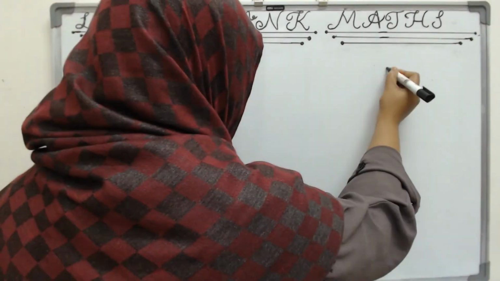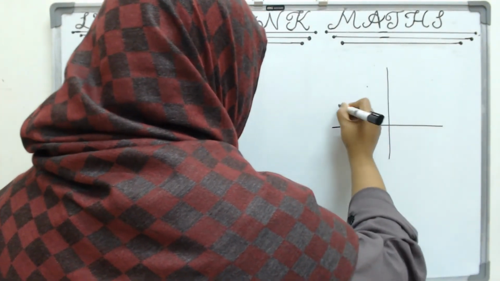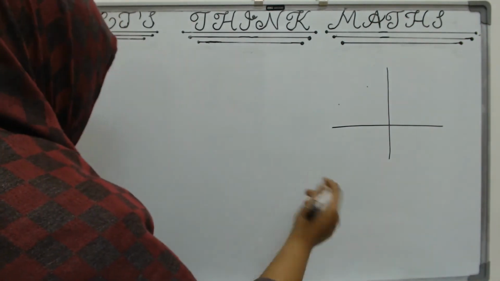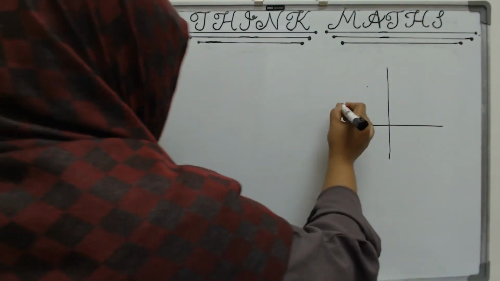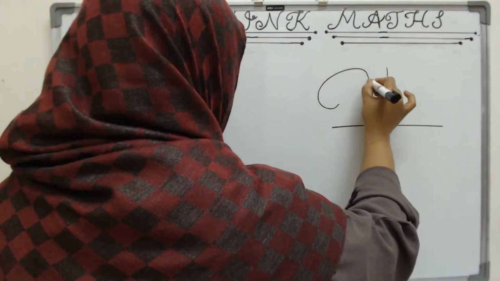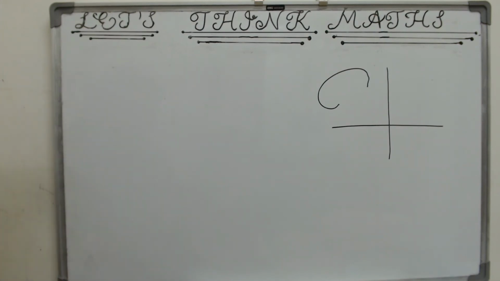Given any 2 points on the Cartesian plane, is it necessary to join them with a straight line? Can't we join them any other way? The answer is yes. If you are given 2 points, you can join them whichever way you want. But there is something special about joining them with a straight line.